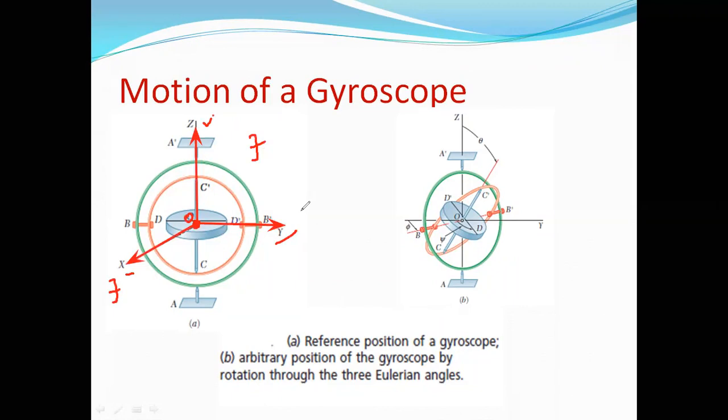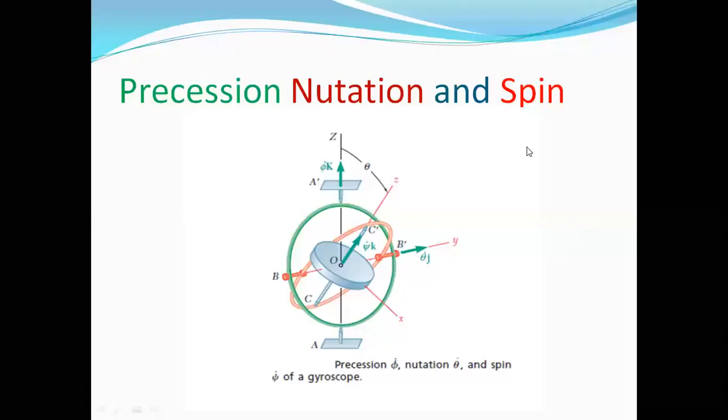Now we have one more frame of reference, what we call the rotating frame of reference. In order to visualize where the rotating frame of reference lies, let's return to this figure. In this figure, you see we again have three axes. One coordinate axis is this small x, another is in the direction of small y, and another is in the direction of small z.